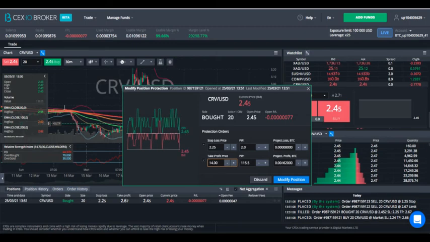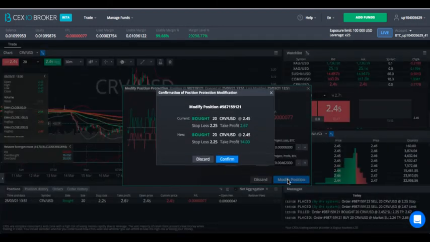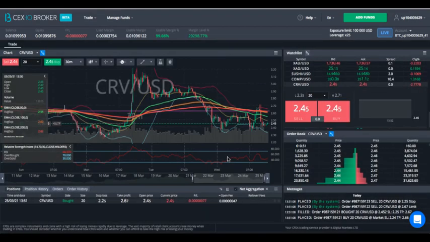Obviously, if you're doing something like that, even more so, you have to trade with a very, very small size, because it would probably take so long for that movement, and there would probably be so many highs and lows that if it moves far against you, you want to be able to minimize your losses. So once again, I can just change what my take profit price is. I hit modify position and I say confirm.